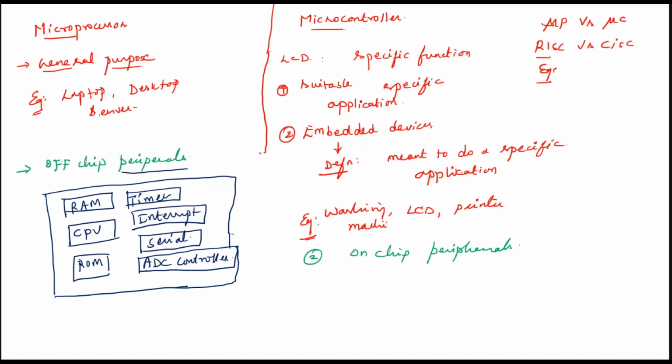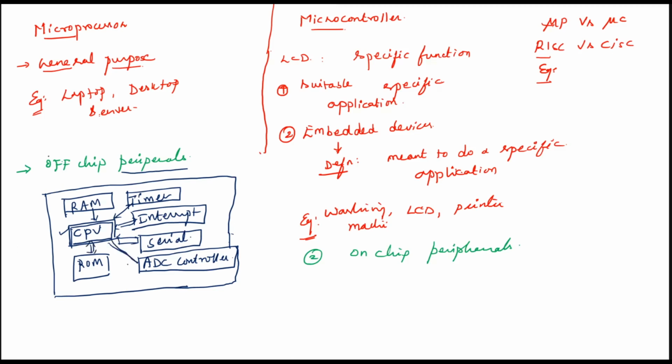Depends upon the applications. So what they are doing in a microprocessor is, if only the CPU alone is there, and they are interfacing these devices externally with the CPU. Clear? Because when you take a microprocessor, only the CPU alone is there. Whatever devices we need are interfaced externally with the microprocessor.